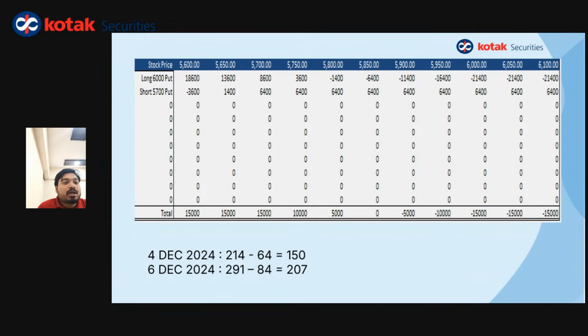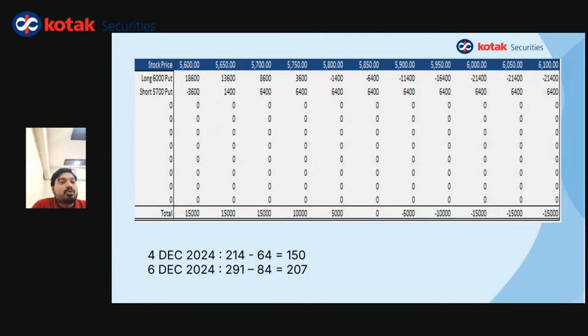Okay. Now, since we discussed the scenarios on gold mini, here also, let's say you bought this strategy on 4th of December, and you would have held that just for 2 days. On 6th of December, if you see the closing price, that in the money put option, which was the 6,000 put option for December expiry for crude oil, went from 214 to 291.